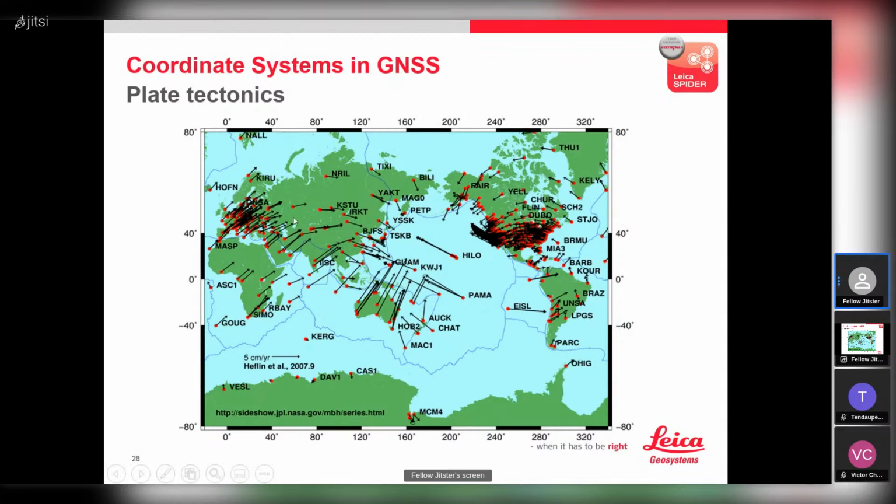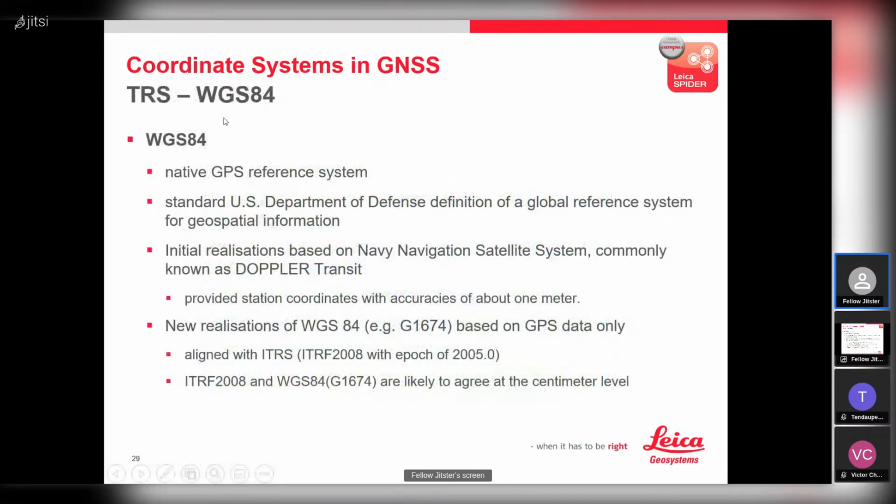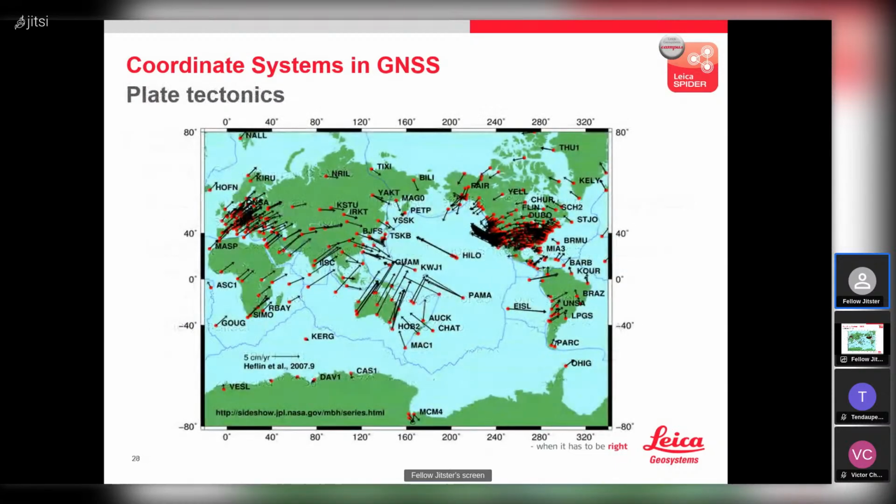So just keep that in mind, because this is something that also needs to be taken into consideration when we talk about coordinate systems in GNSS. All the names in four letters are those IGS stations.